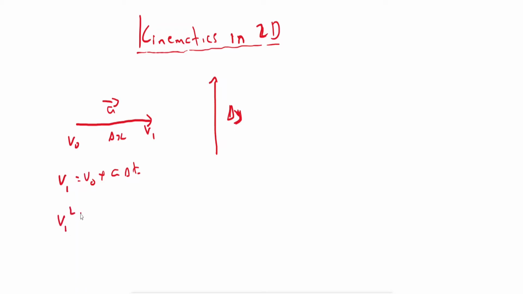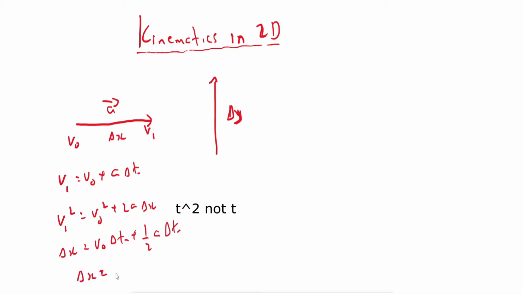We could use v1 squared is equal to v0 squared plus 2a delta x. We could use delta x is equal to v0 delta t plus half a delta t squared. We could use delta x equal to half of v1 plus v0, times delta t. For the y direction, v1 is equal to v0 plus a delta t.